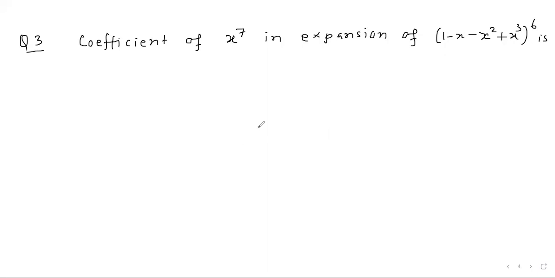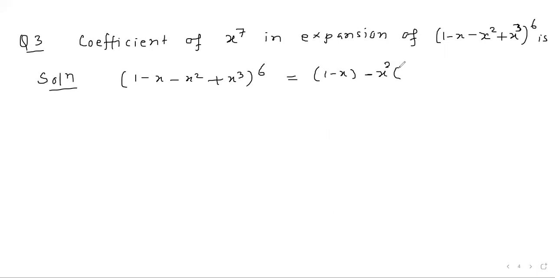The coefficient of x power 7 in the expansion of (1 minus x square plus x cube) power 6 is. So let's consider the solution. 1 minus x square plus x cube whole power 6. So 1 minus x, x square common, 1 minus x whole power 6.